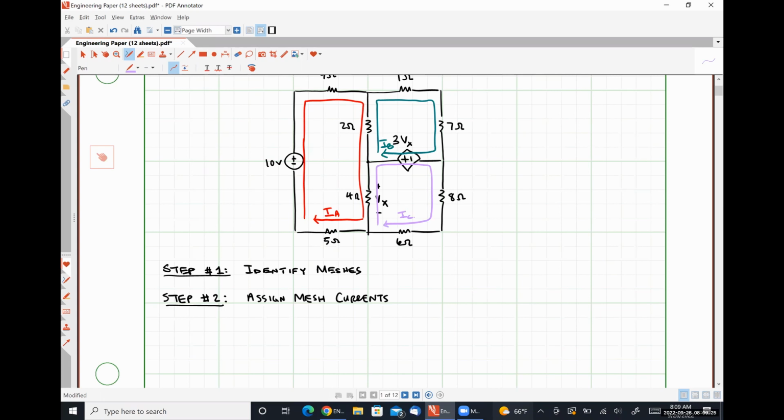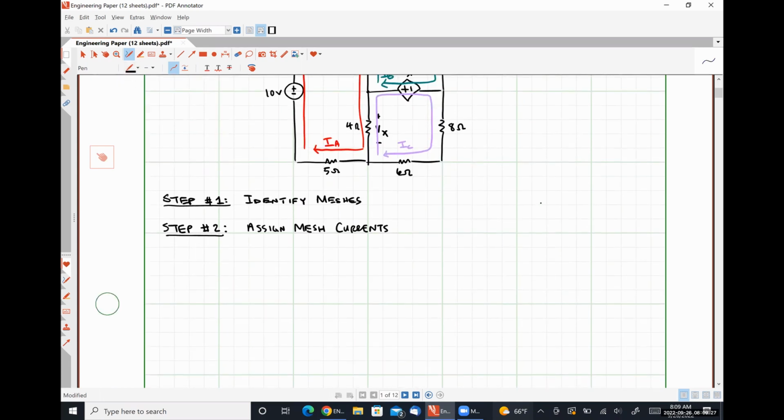The next thing that we are going to do is express our controlling variables in terms of our mesh currents.